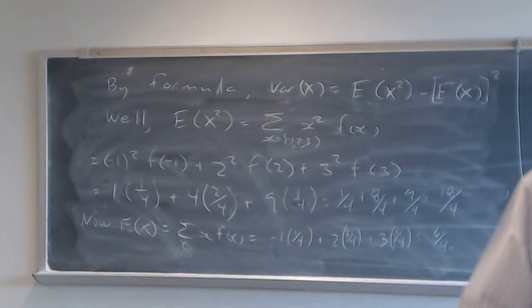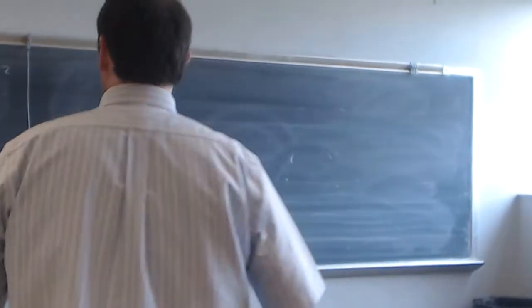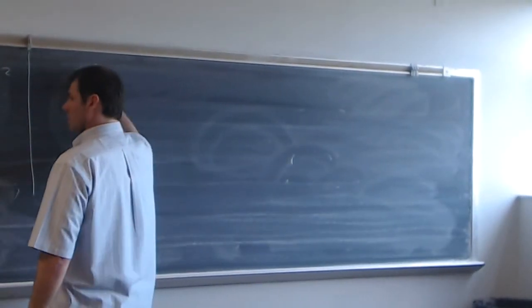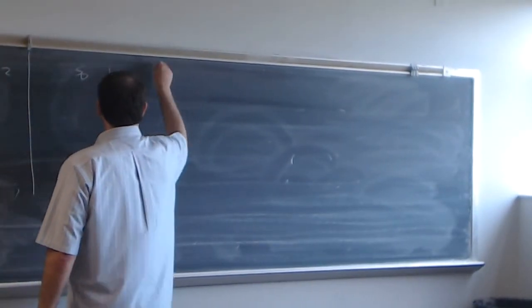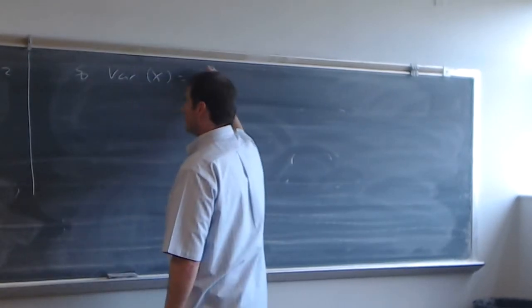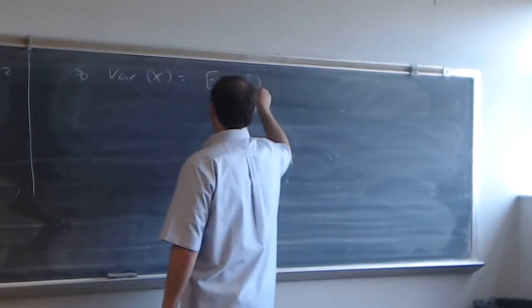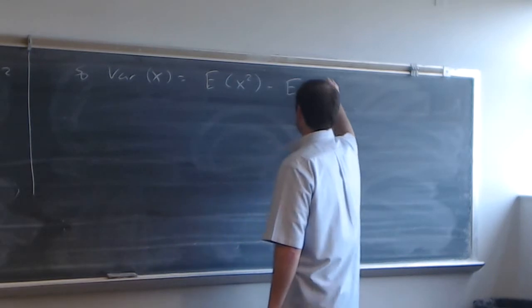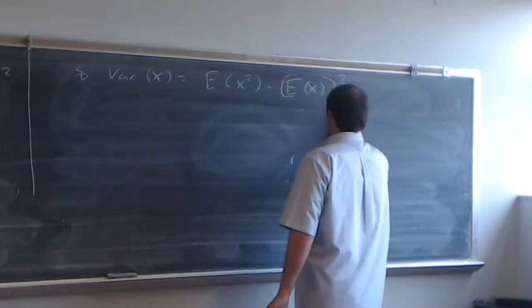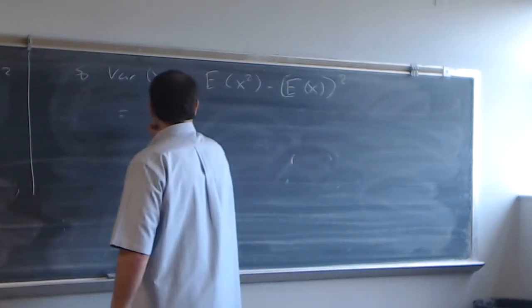So when I square that, here's what I get. The variance of X in this problem is equal to the expected value of X squared minus the expected value of X, squared.